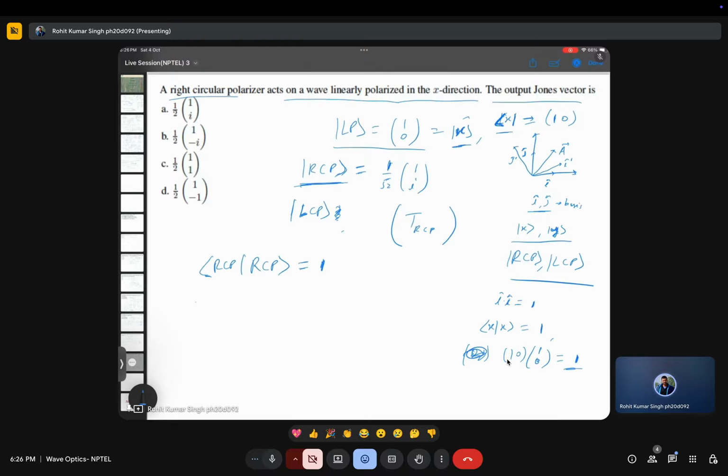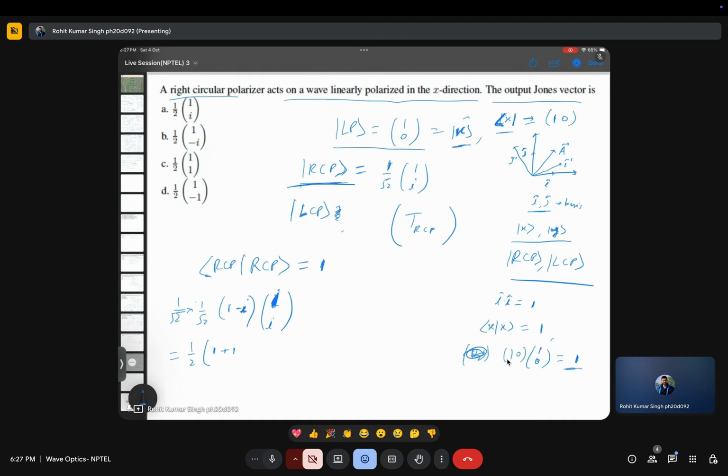For example, let's do it. You have the factor 1 by 2, and then you have 1 i multiplied with 1 i. So you have 1 by 2 here, and here you will have 1 i. Oh, sorry, when you take the conjugate you get a negative sign, so i becomes minus i.